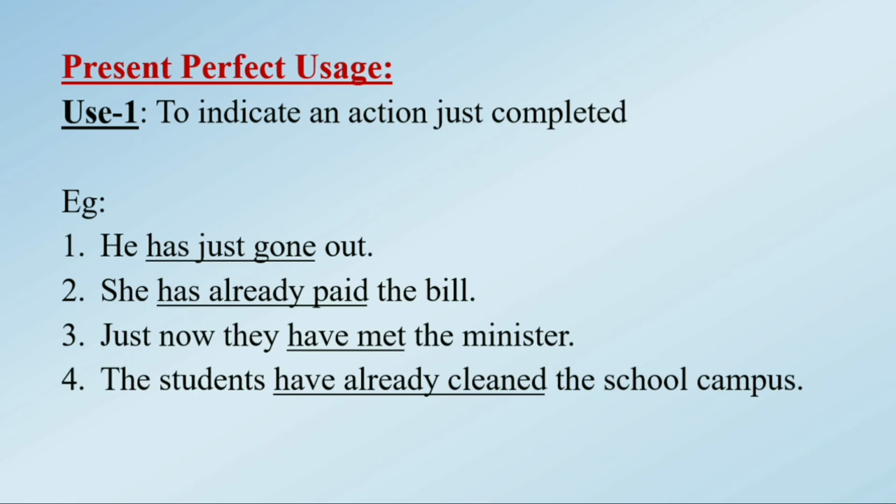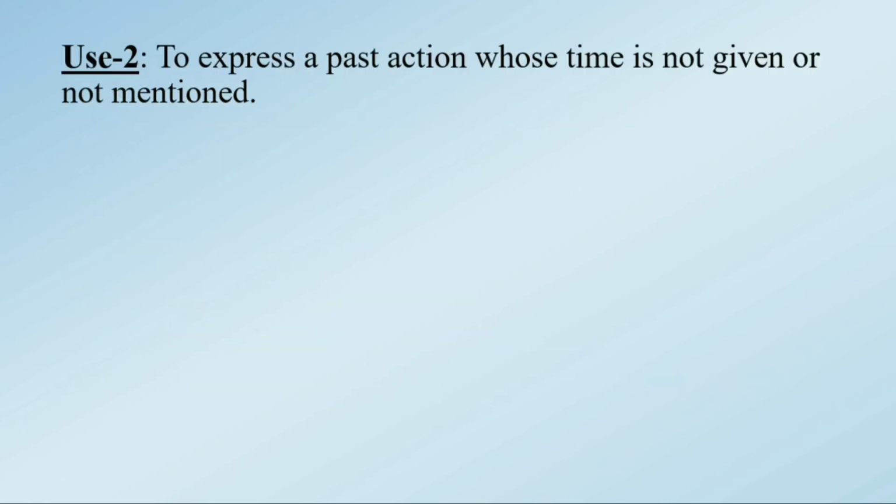So a just finished action, a just completed action must be expressed in the present perfect. The second usage of present perfect: this present perfect is also used to express some sort of past actions, but the time is not known to us or not given or not mentioned in that context or in that sentence.